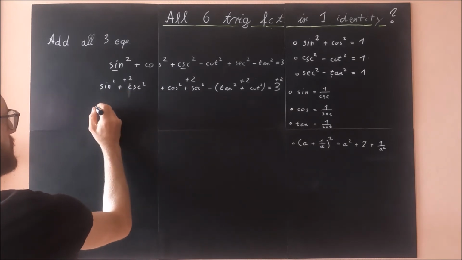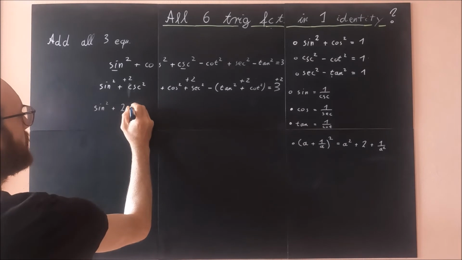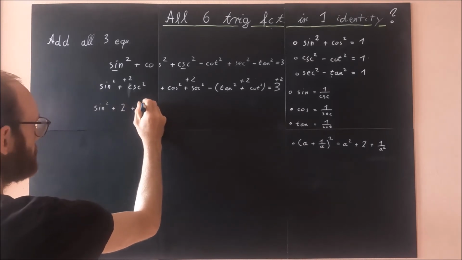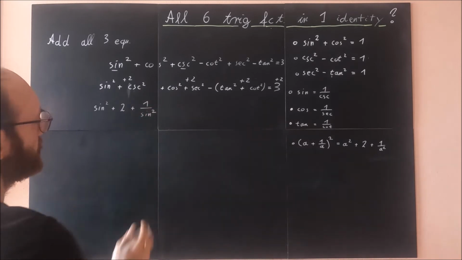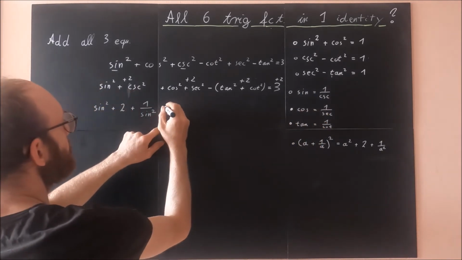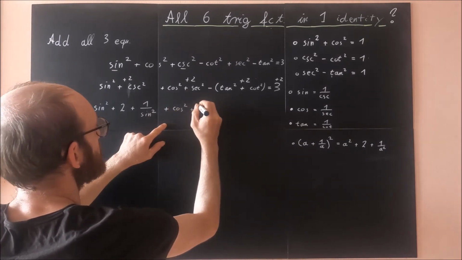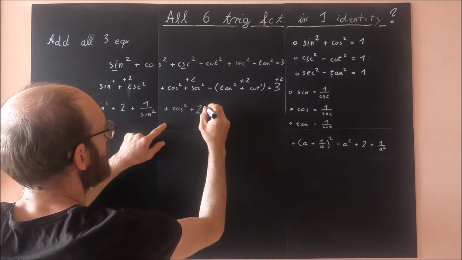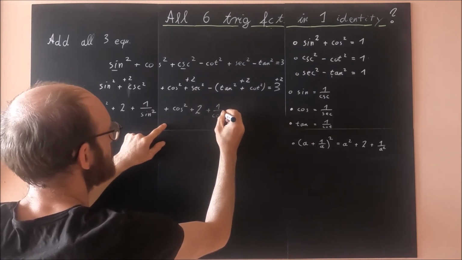Then we have sine squared plus 2 plus 1 over sine squared. Yeah, so remember, cosecant is 1 over sine. Plus cosine squared plus 2 plus 1 over cosine squared.